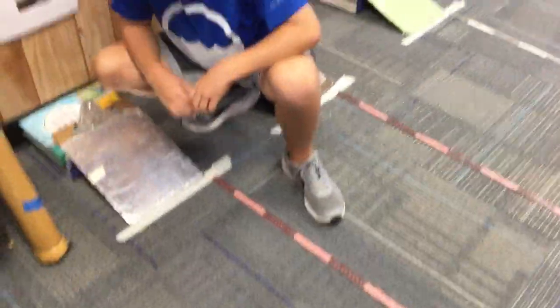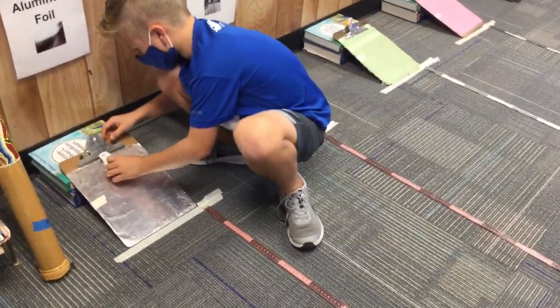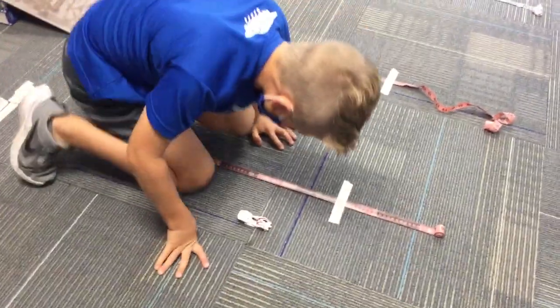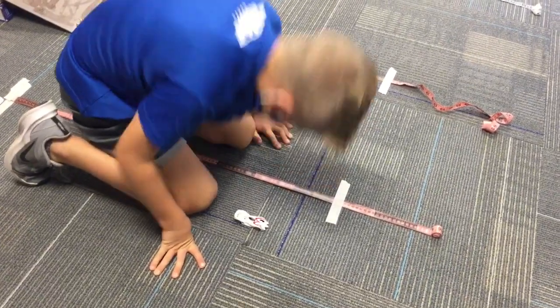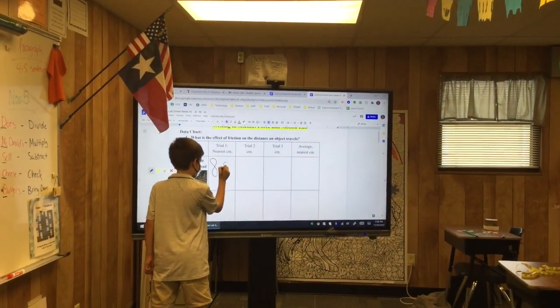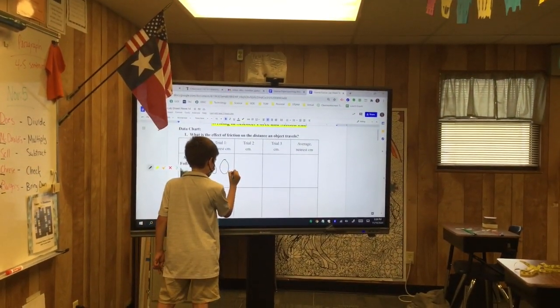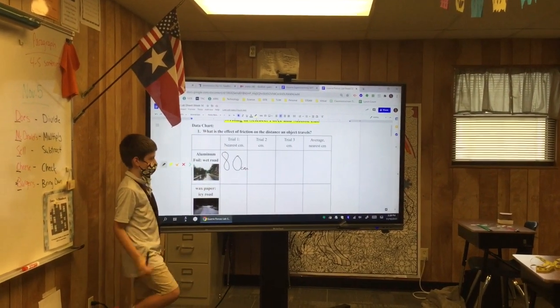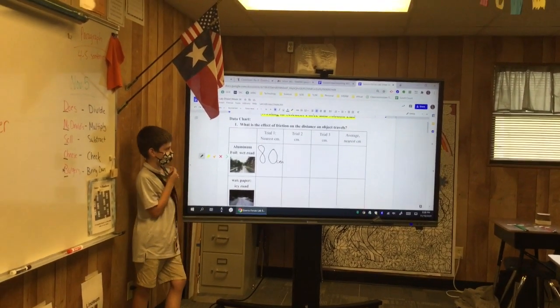So AJ, go ahead and do your first trial. 80 centimeters. 80 centimeters. So Peyton is going to write 80 centimeters for the first trial for aluminum.